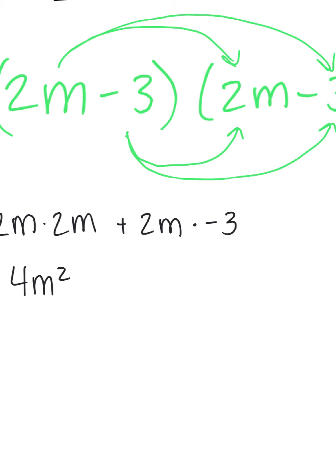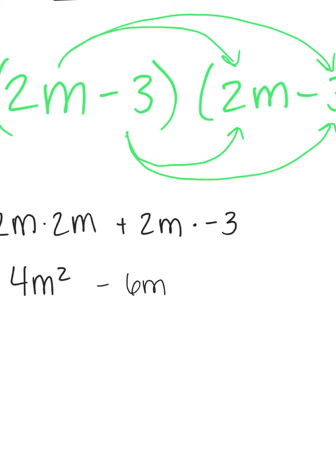Nope. Negative 5. Close. Janessa, help her out. Good. Why? So we just multiply the numbers. 2 times negative 3 is negative 6, and we stick that m on there at the end.